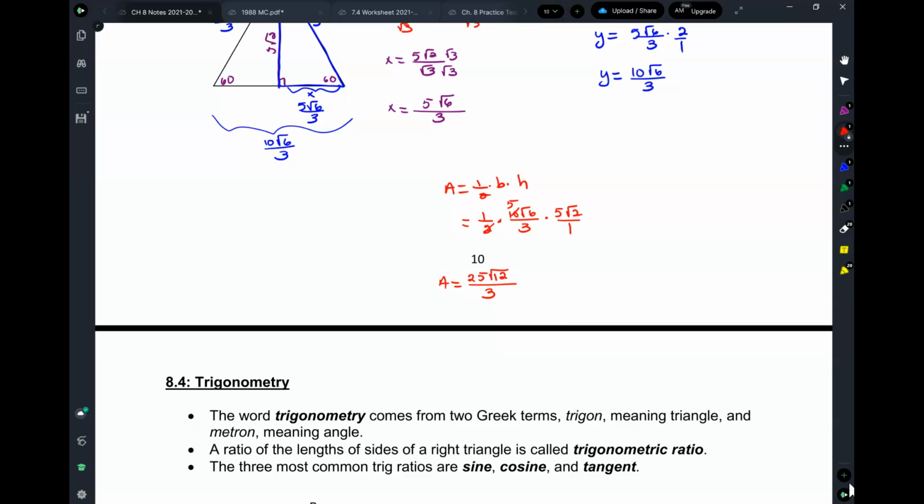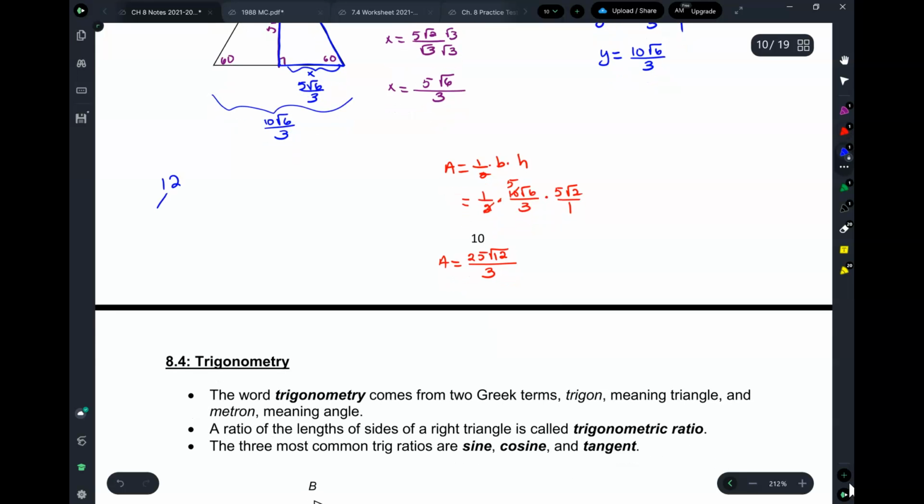Now I need to ask myself, is there anything else to do to reduce this? Can I reduce the 25 and the 3? How about the root 12? Yes. 12 is 2 times 6, which is 2 times 3. Oh, a 2 comes out and a 3 stays in.